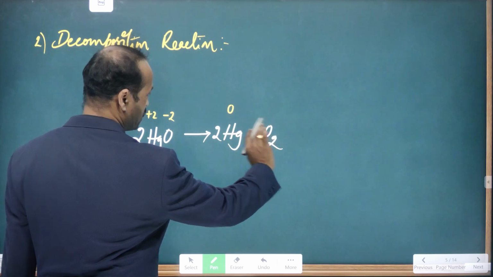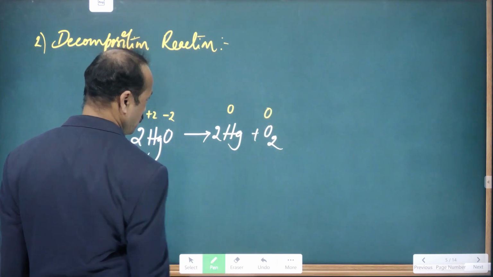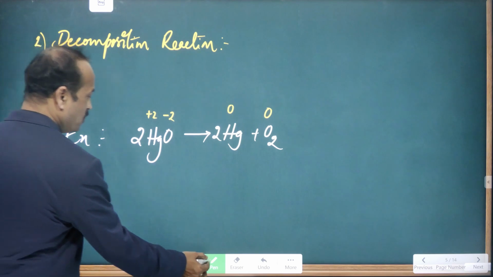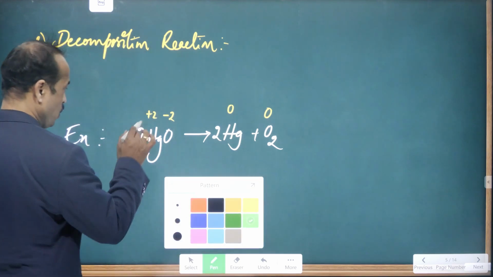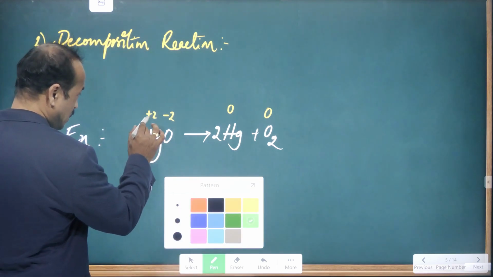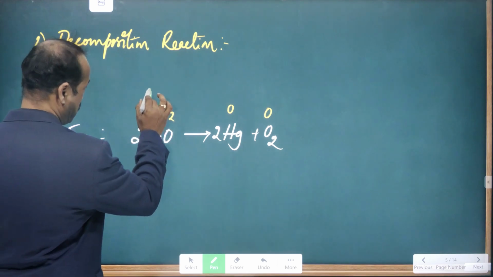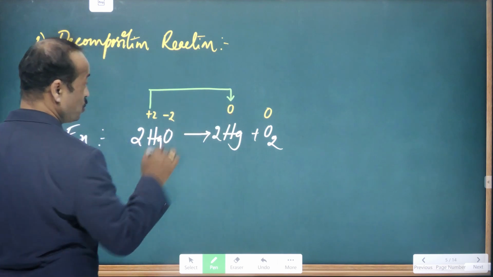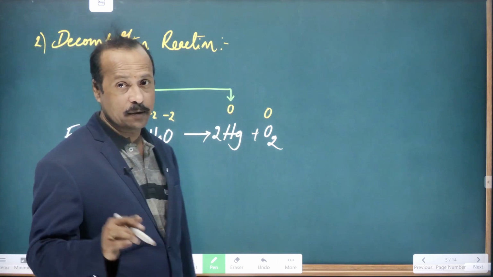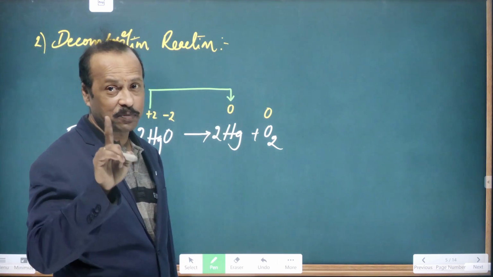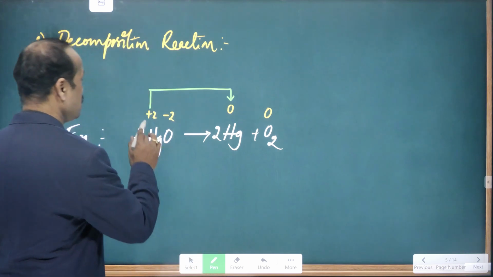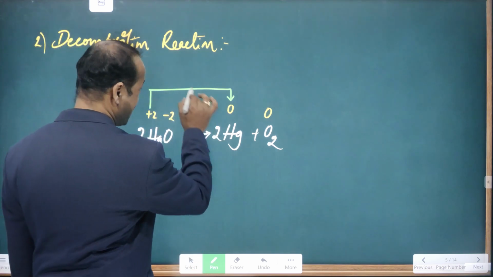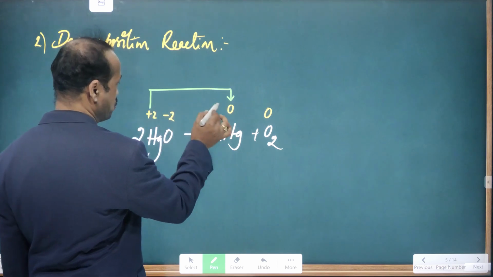Oxygen is also individual, so 0. Mercury goes from +2 to 0, so it is decreased by 2 units.